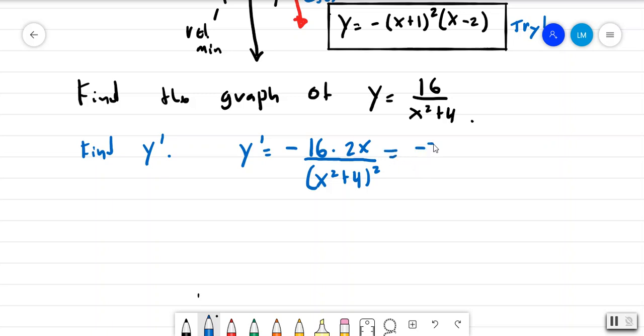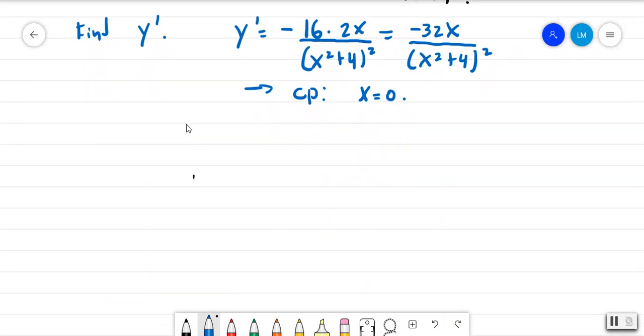Now this equals negative 32x divided by x squared plus 4, to the second power, which means that we have a critical point at x equals 0. Now I can either just stop here or continue. By stopping, I mean I can figure out the intervals of increasing, decreasing. But let's say that we go ahead and we just find y double prime.